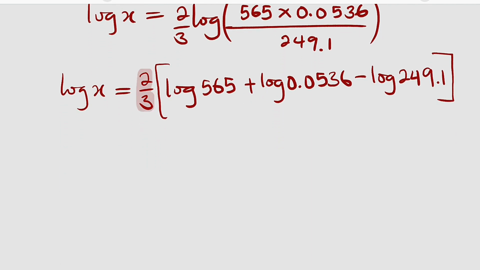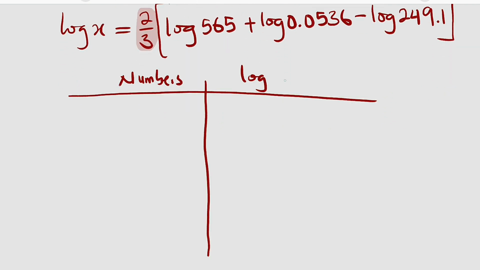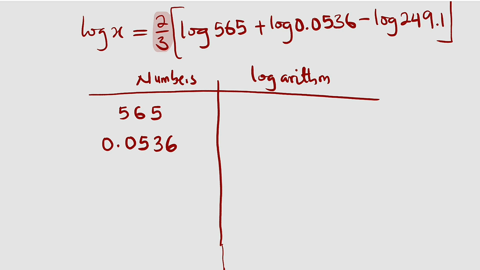We are going to forget about this till the end. After we have simplified this, then we multiply by 2/3. So we have our table like this. Let's start with the first two: 565, then we have 0.0536.